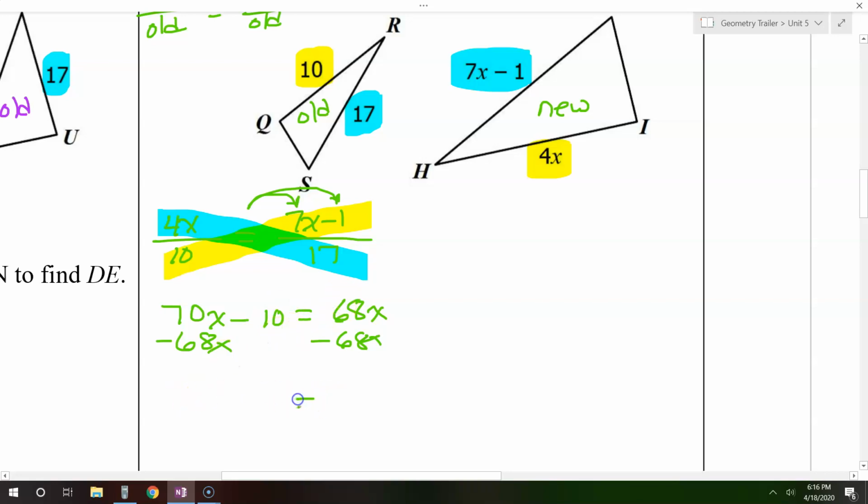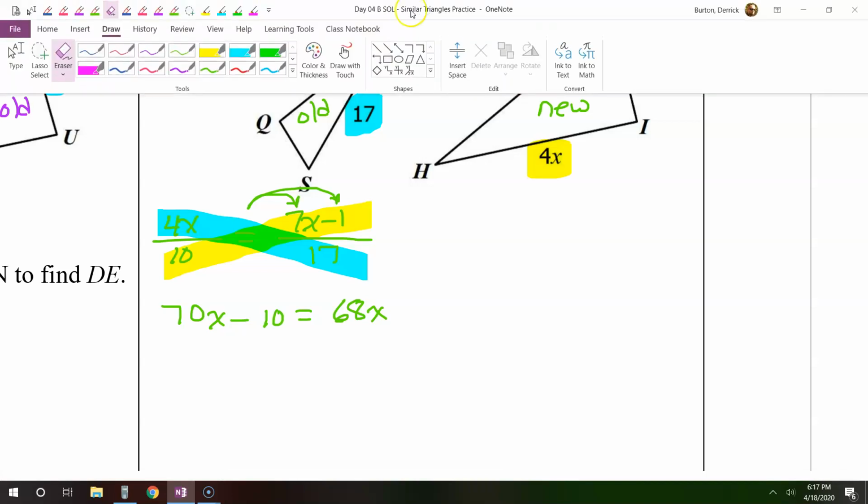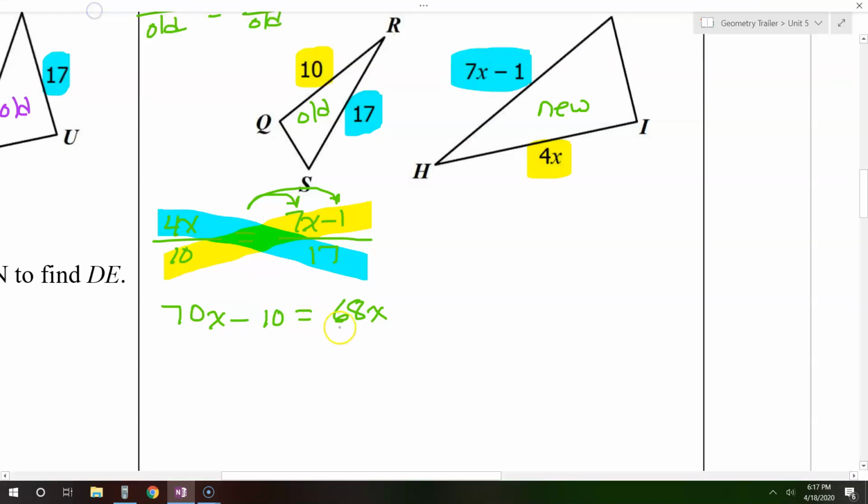Now the reality is there would just be a 0 here and you go on with the problem. So it really shouldn't be an issue, but years and years of teaching tells me that it's better to avoid it because I don't want to blow your little minds too much. So instead, I'm going to subtract the 70x from both sides to avoid that nothingness problem.